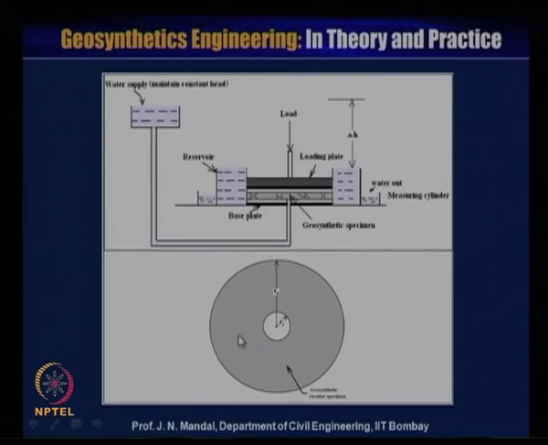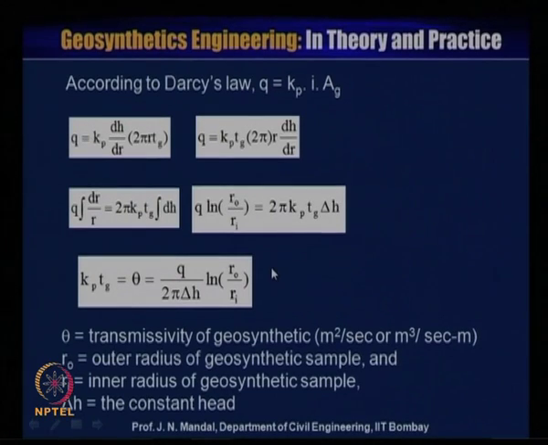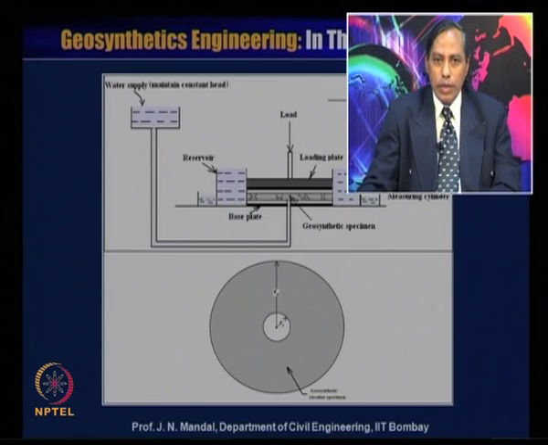So, you can see here a schematic view. Here the geosynthetic material is placed, this is the base plate, and there you can see one diameter inner and this is the outer. This is the inner radius of the geosynthetic sample, Ri, and this is the outer radius of the geosynthetic sample, Ro.